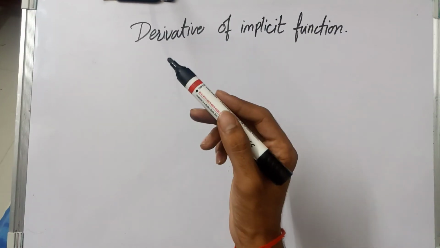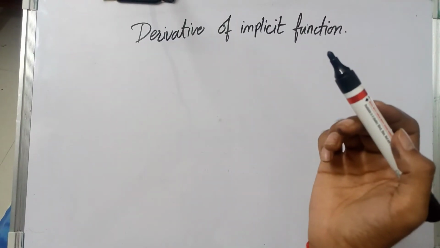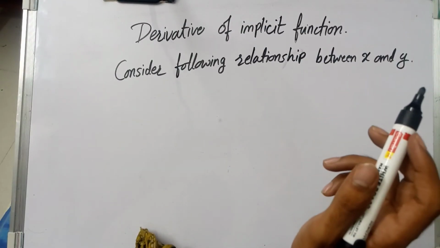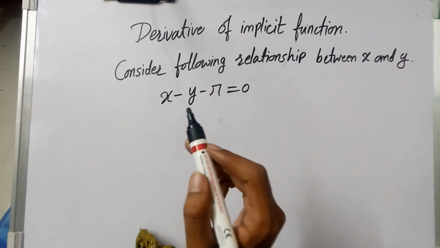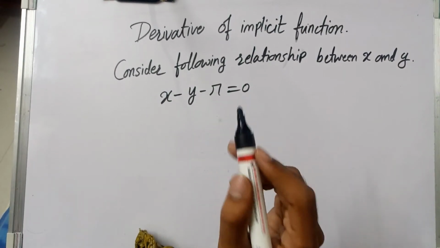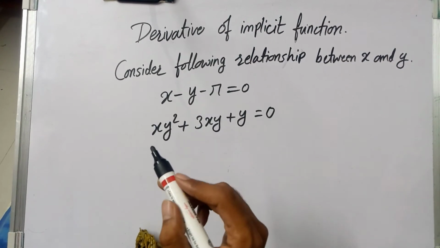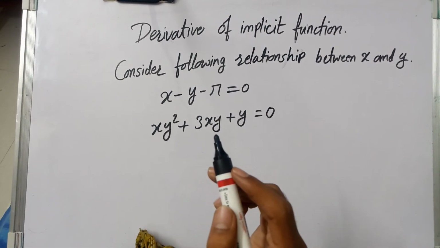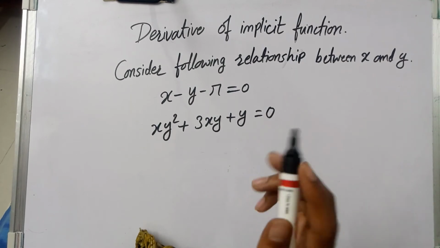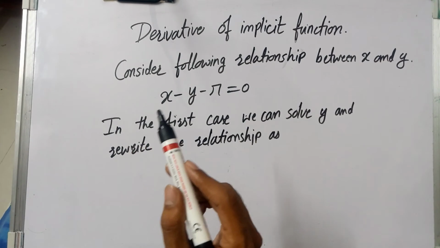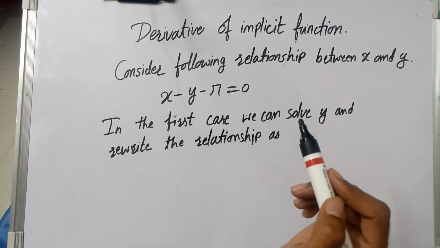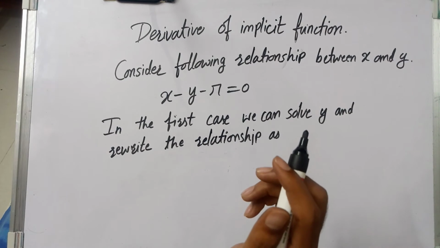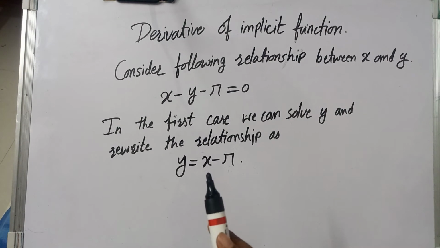Now, derivative of implicit function. Consider following relationship between x and y: first, x minus y minus pi is equal to 0, and second, x y square plus 3xy plus y is equal to 0. In the first case, we can solve y and rewrite the relationship as y is equal to x minus pi.